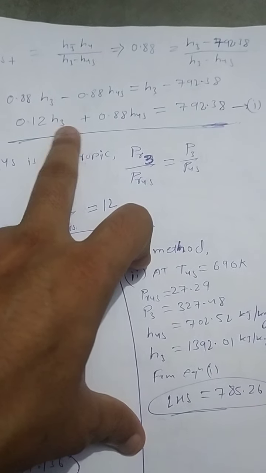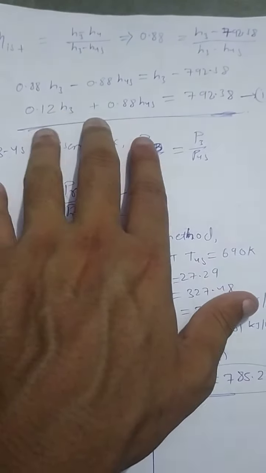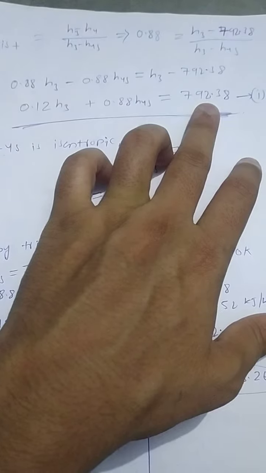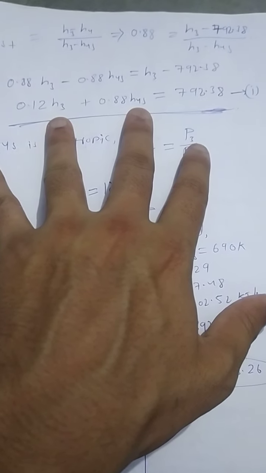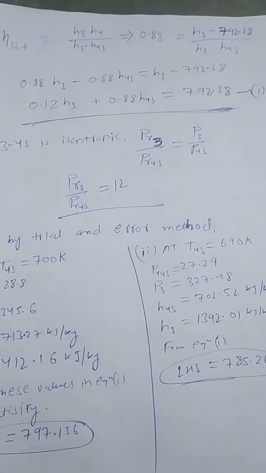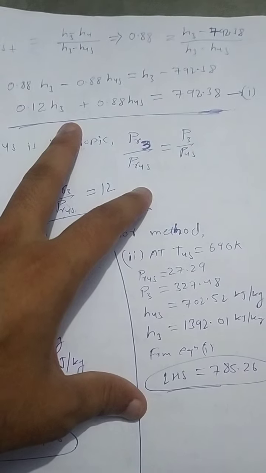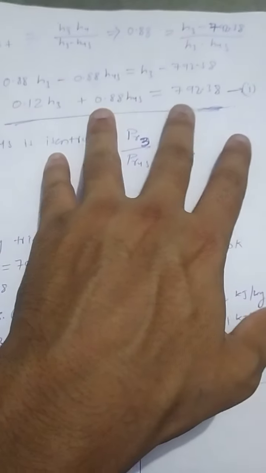If by solving, the left hand side comes out to be equal to the right hand side, then the assumed values are correct. If not, we have to do it again and again. The trial and error method continues until the LHS is equal to RHS.